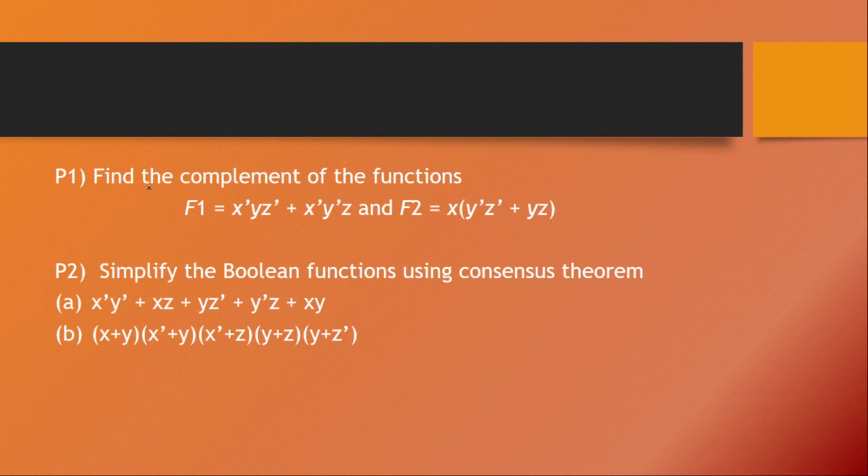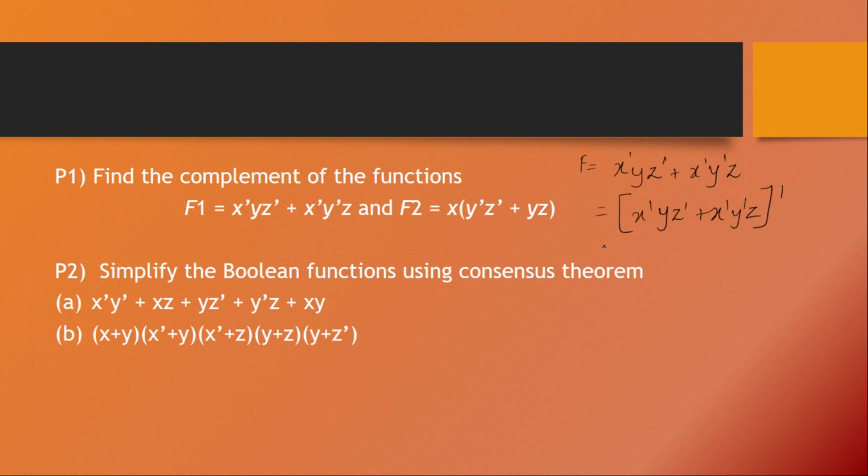They are asking us to find the complement of this function. f1 is equal to x dash yz plus x dash y dash z. So let's try to apply the complement here. x dash y z dash plus x dash y dash z, the whole complement.